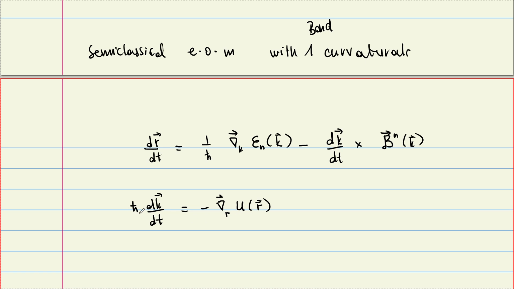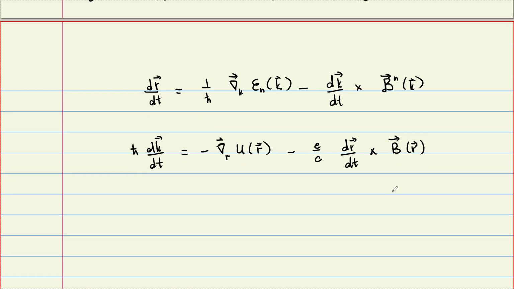So this is Newton's law, right? H bar k is P, dP dt is the force. And there's also Lorentz force, E over C, dr dt cross B of R. So this is like electromagnetic fields in the real space.